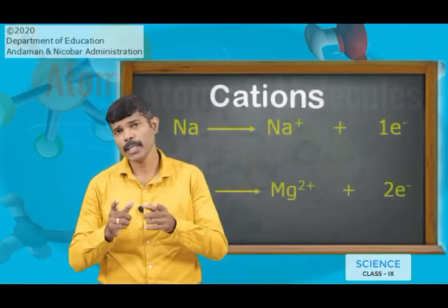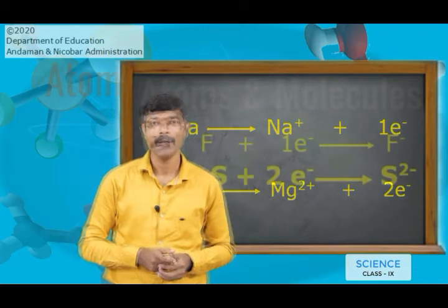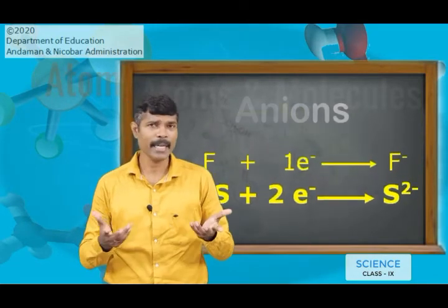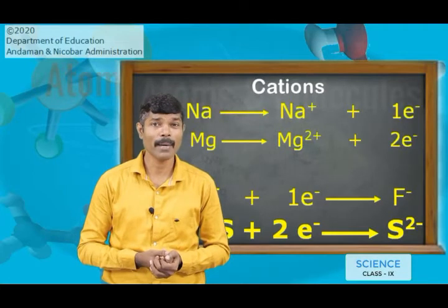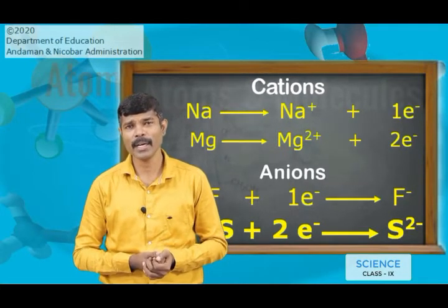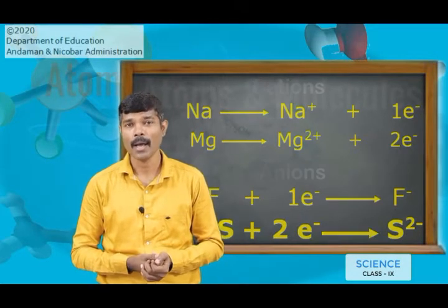And you must know that cations are formed by losing of electrons and anions are formed by gaining of electrons. So we can say that ions are formed by losing or gaining of electrons, and the charge over it can be understood in terms of cations and anions.